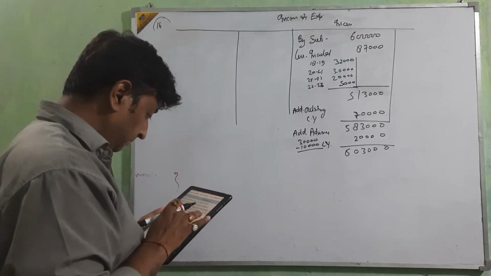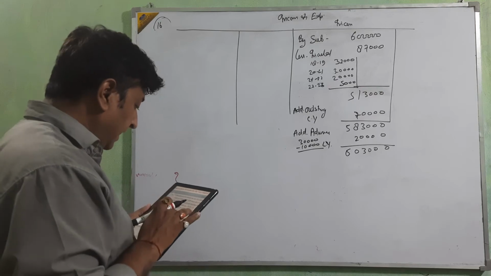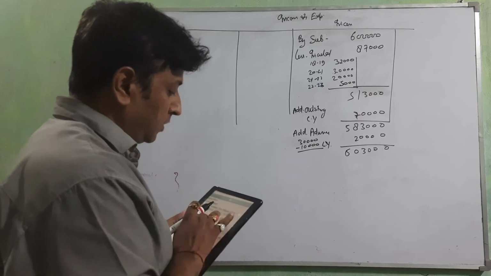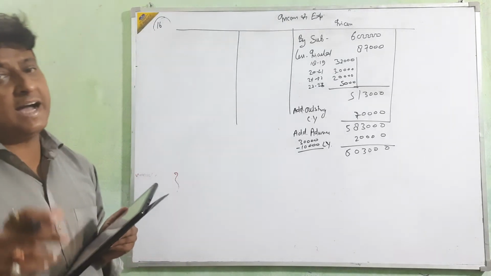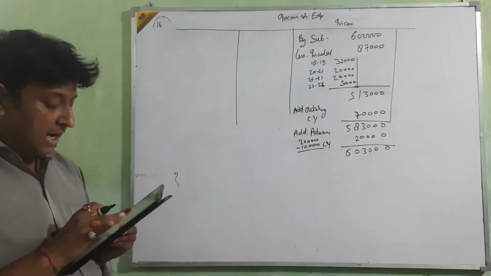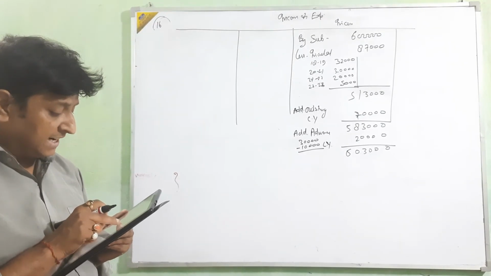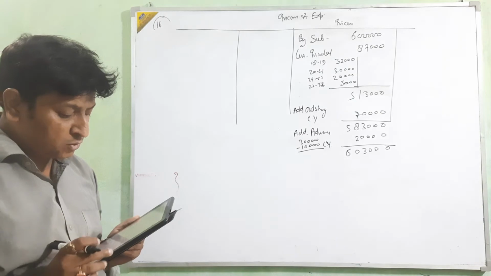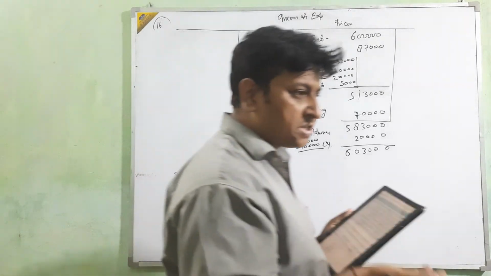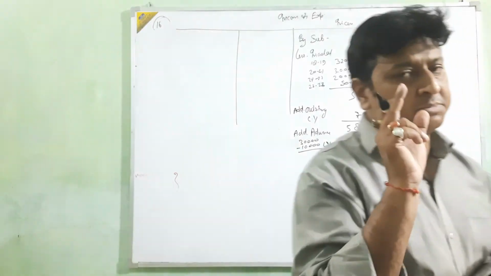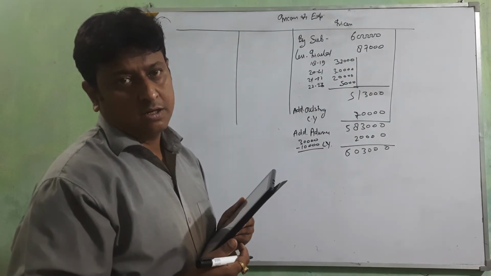Then just see, last year's outstanding is 45,000. Out of it, 5,000 you have still not received, and this year you have received 32,000 included for last year. It means in this 40,000 you have received only 32,000, so 8,000 is still outstanding for last year.